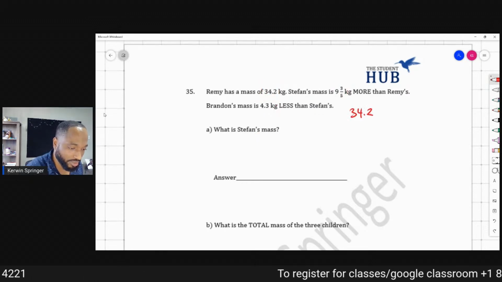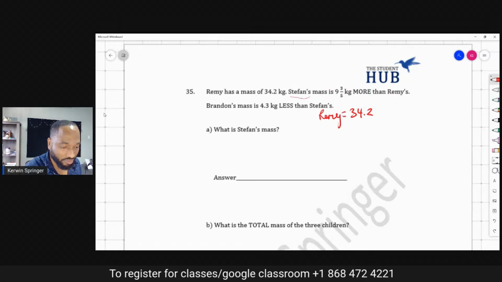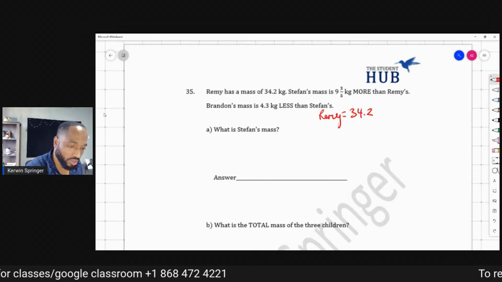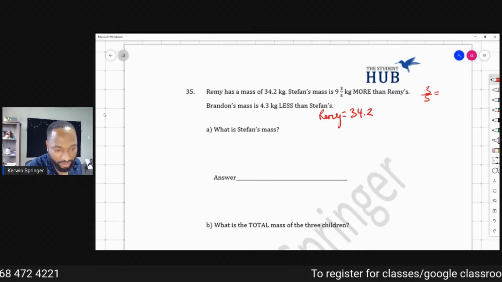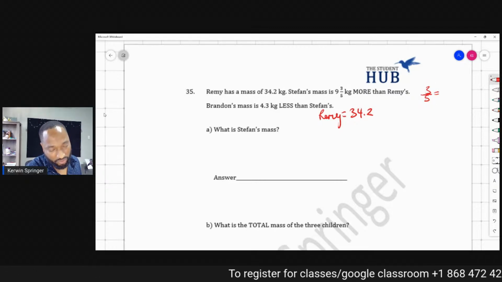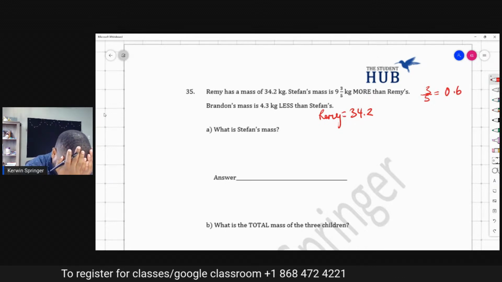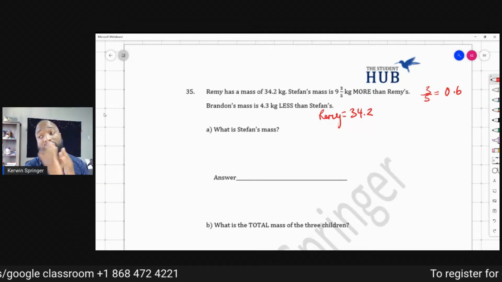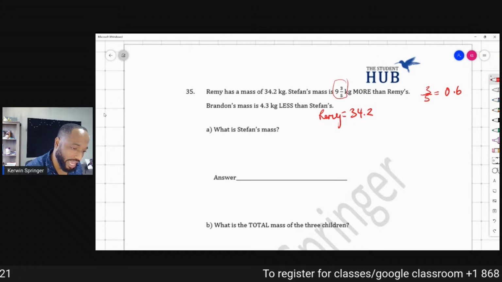So we have 34.2 is Remy, my boy. And Stefan is 9 3/5 more. All in your fifths family, 3/5 really means 0.6. How many of you know that? 3/5 is like 6/10, and 6/10 is 0.6. So when they say 9 3/5, they really mean 9.6.